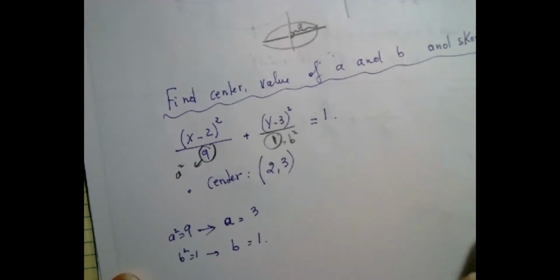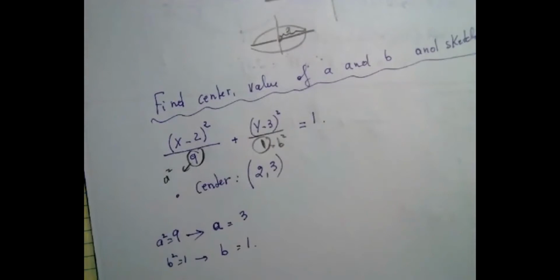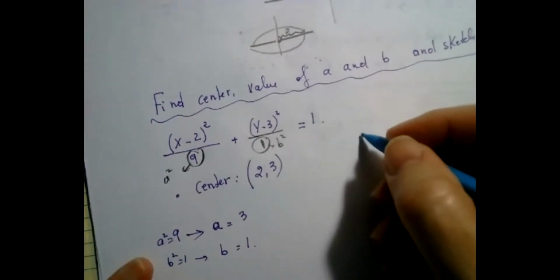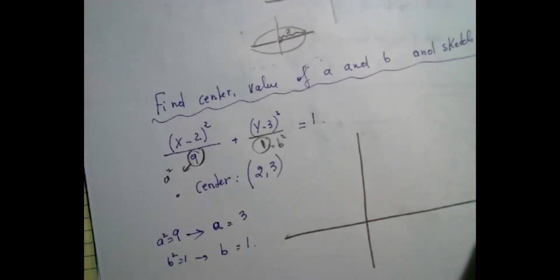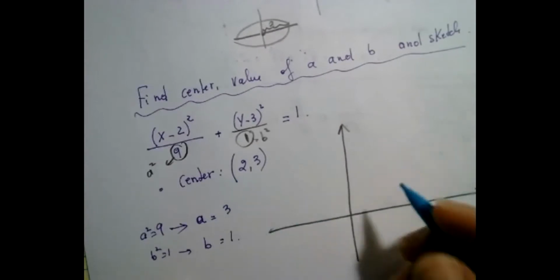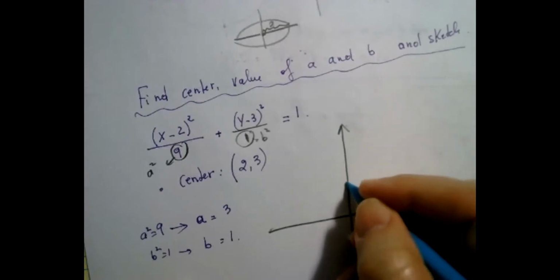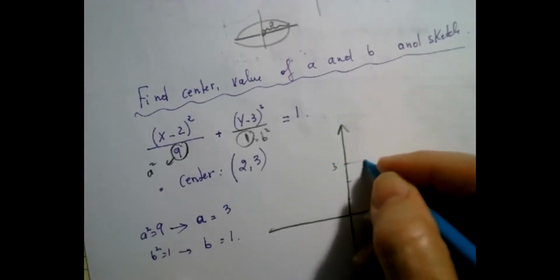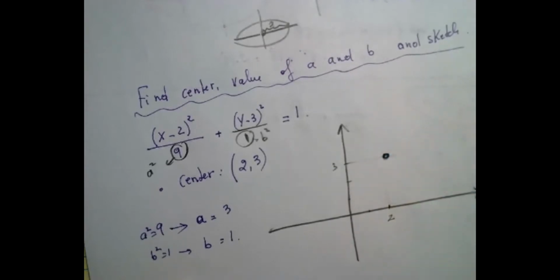So this is again going to be an ellipse which is stretched horizontally, and now I'm going to graph it. So how are we going to graph? The center is at (2, 3). That's the center of my ellipse.